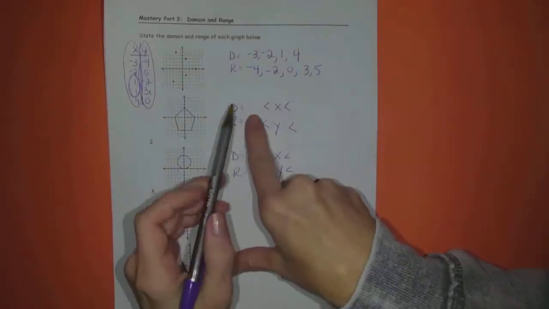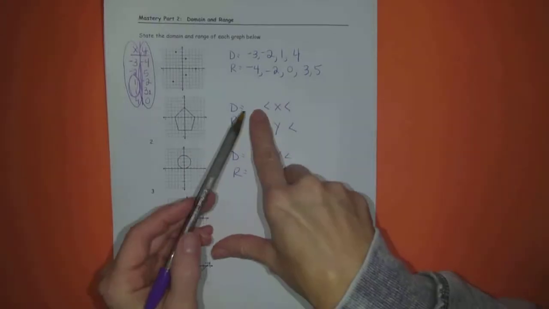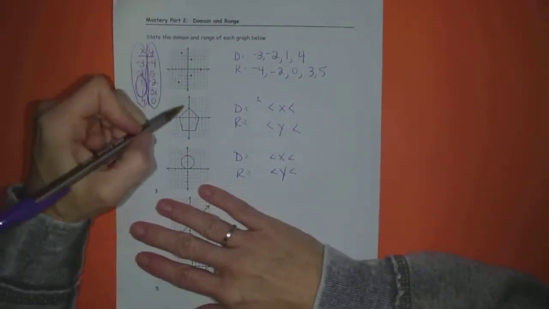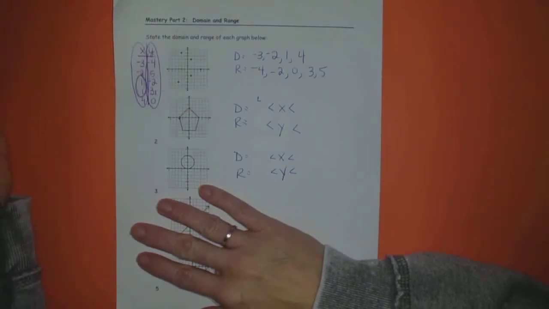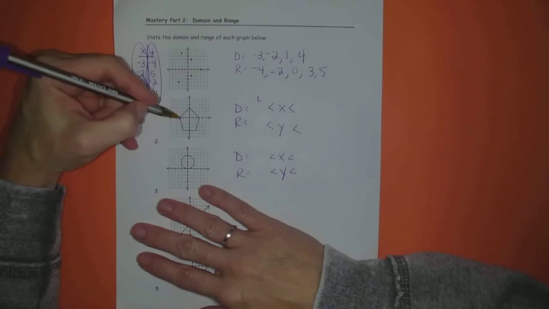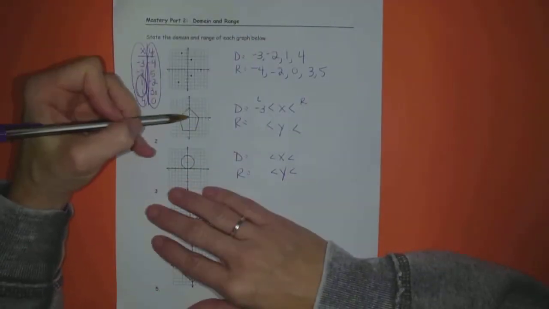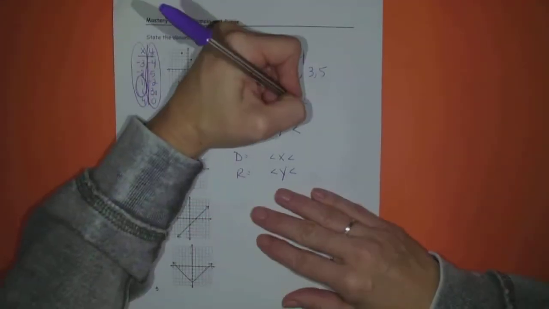Okay, so let's go. Left, right, down, up. So how far left does this graph go? Well, if you look at this picture, right here is the furthest left that the graph goes, and that's -3. Okay, how far right does it go? Well, this is the furthest to the right it goes, and that's at +3.